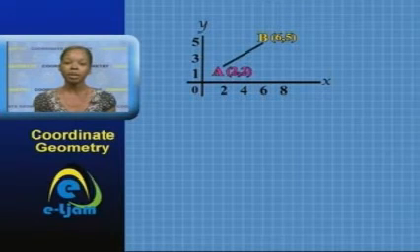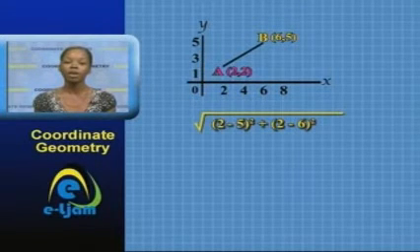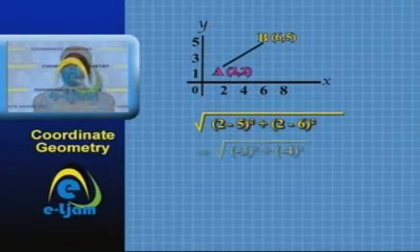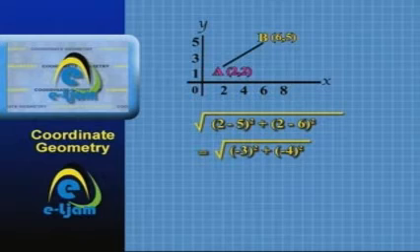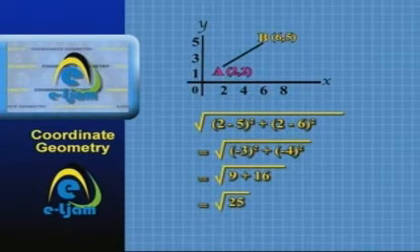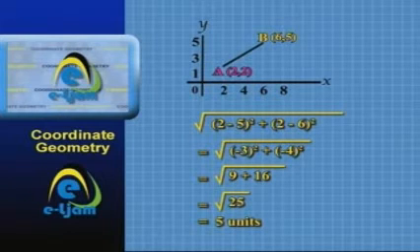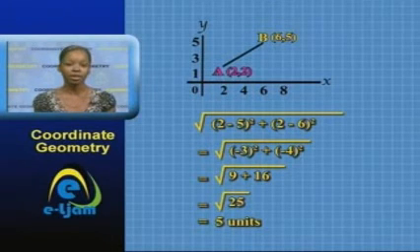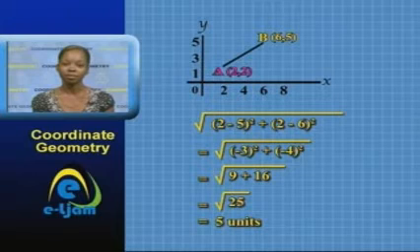So the length of AB would be equal to the square root of (2 minus 5) squared plus (2 minus 6) squared, which is equal to 5. Now remember, we're finding the length, so it must be measured in units.